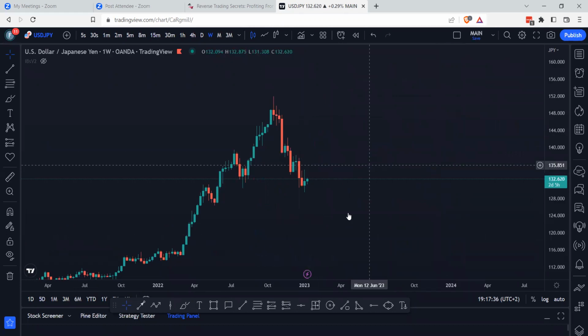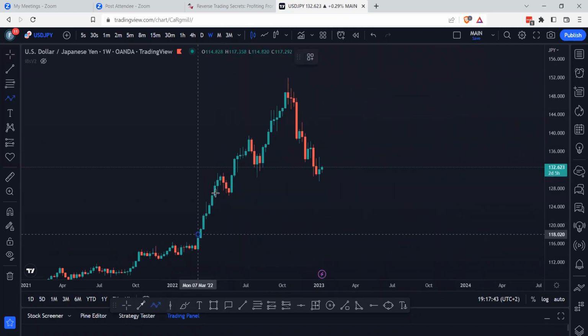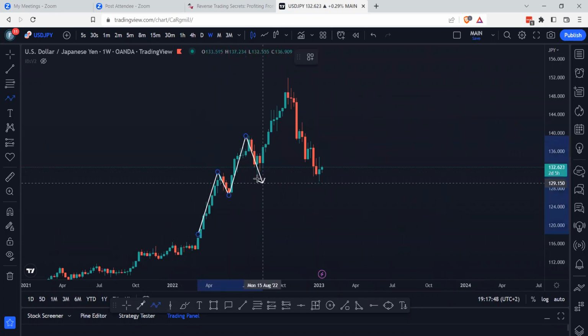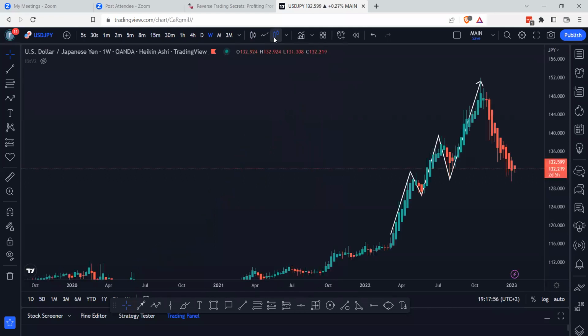Looking at this, identifying the market structure, we can clearly see that price is still very much, check it out, impulse, correction, and impulse. Let me confirm something with Heiken actually. Good.